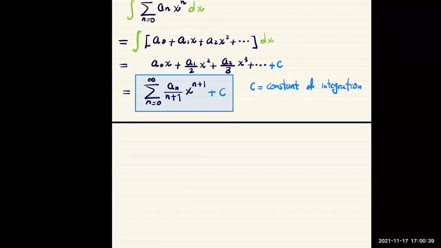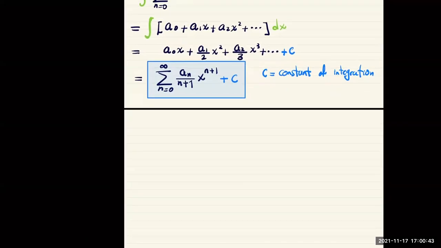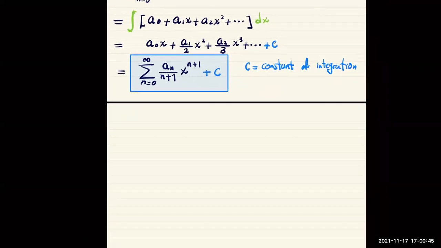Good problem. I don't know if I get to do an integral, but we want to find, again, a power series representation for this function, 1 over 1 minus x squared.